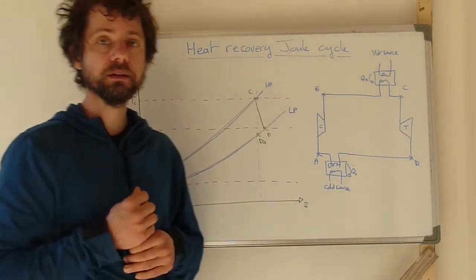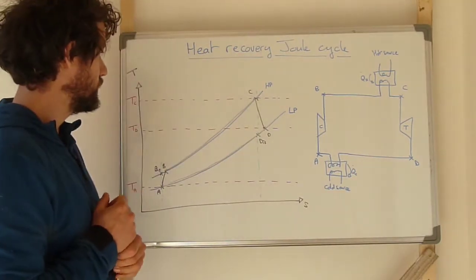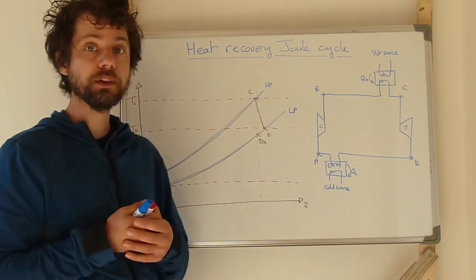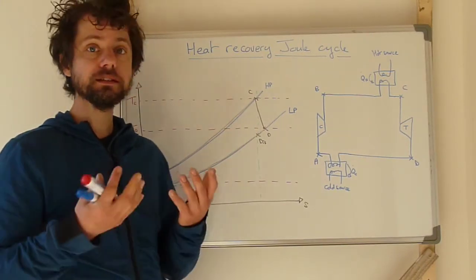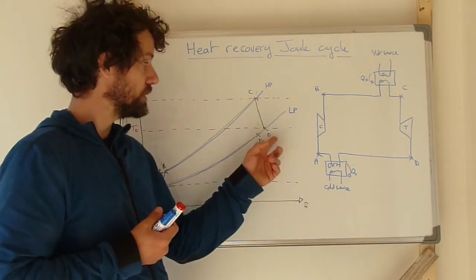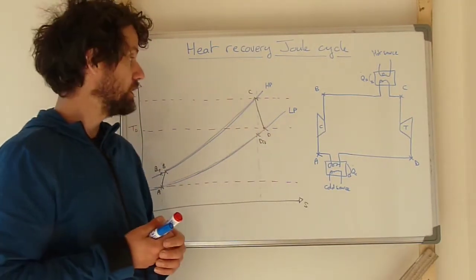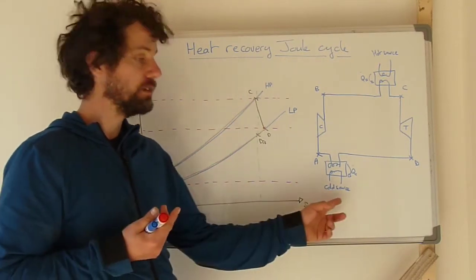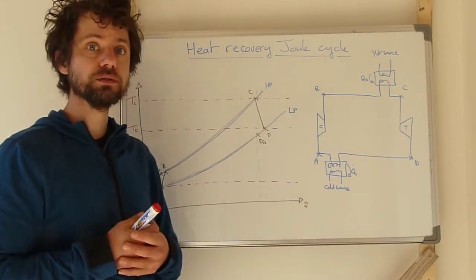And one idea that can come up is that we can do something with all the heat that is still available in this hot gas going out of the turbine, instead of exchanging all this heat by giving it freely to the cold source.